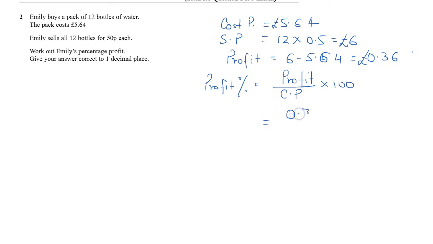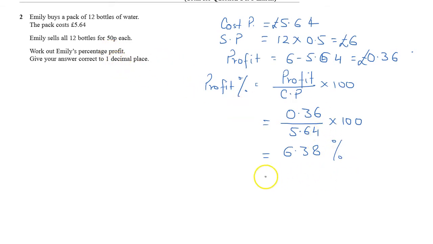So that is 0.36. Make sure both quantities are in the same units. 0.36 over cost price, 5.64, multiply 100. So the profit percent is 6.38%.